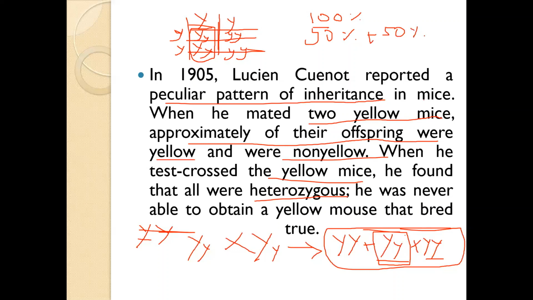Here you will always get a 50-50 ratio. You never get a 100% ratio. That means you never get a particular yellow mice having a dominant homozygous condition. That is called the true breeding mice.